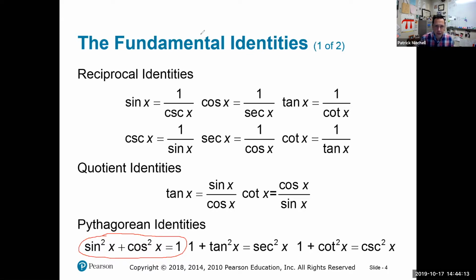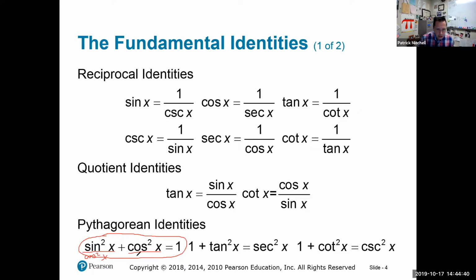Instead of possibly getting it wrong, I just take this identity, which I do know in my sleep, and if I need the one that relates tangent and secant, I divide every term of this identity by cosine squared x, because I remember that the tangent is the sine over the cosine.